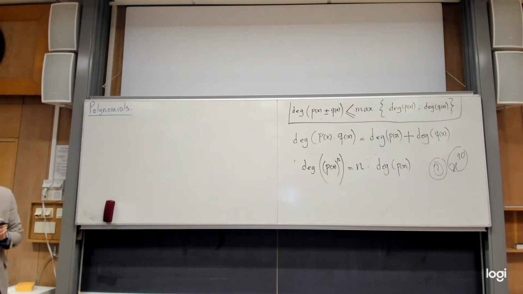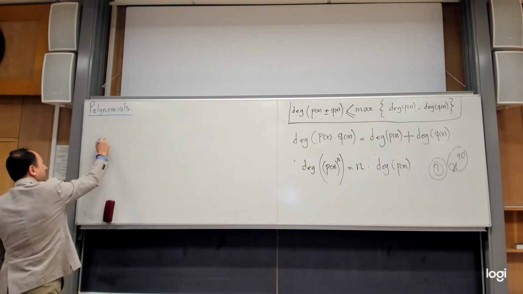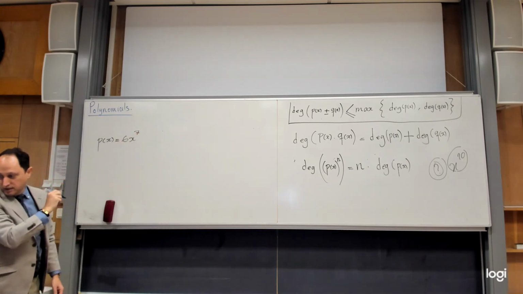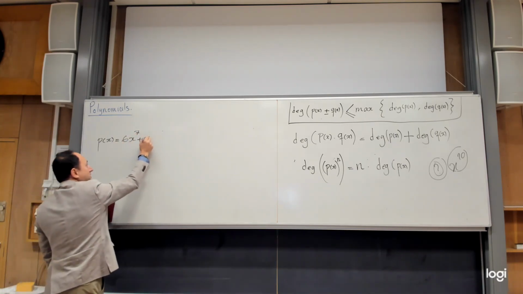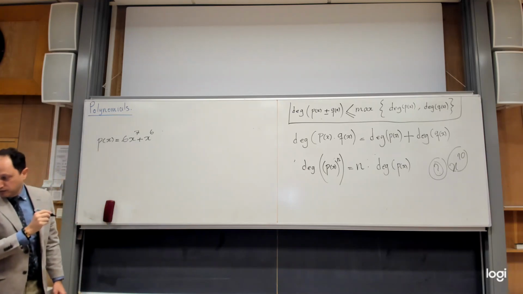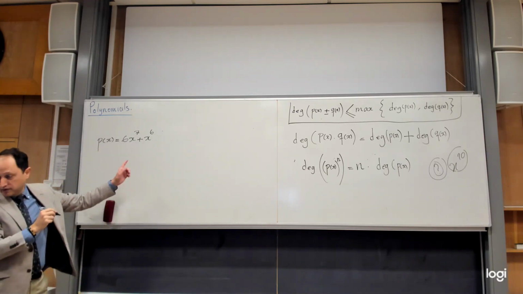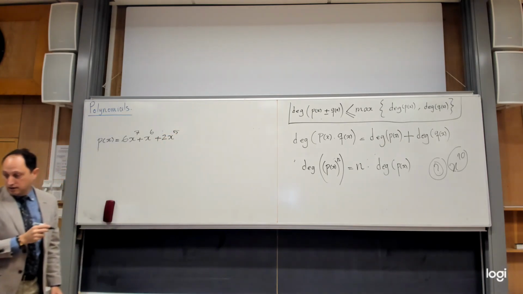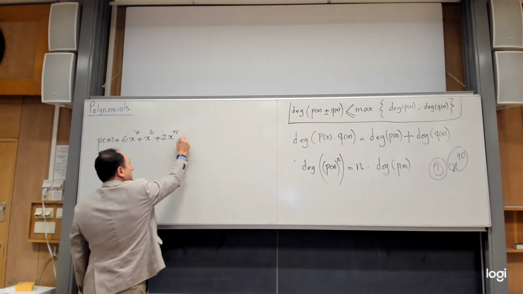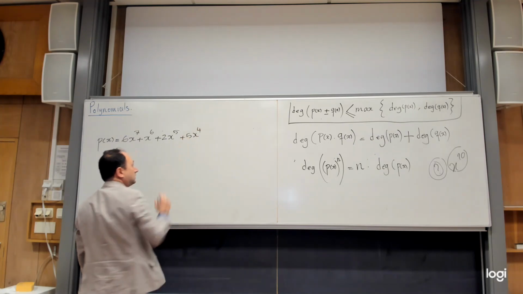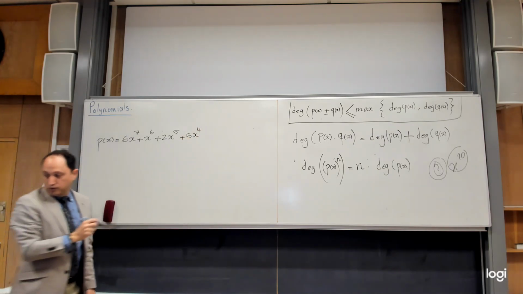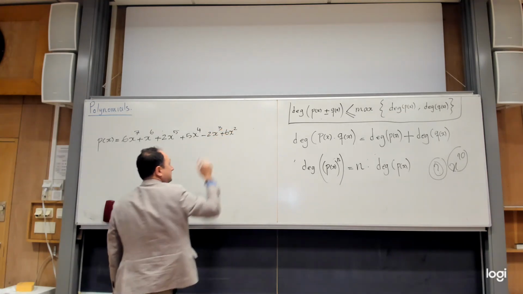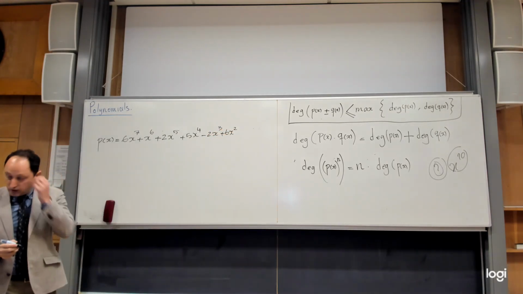So let me write this. P of x is 6x to the 7, plus x to the power of 6, 2x to the 5, and then 5x to the 4, and minus 2x to the 3, plus 6x squared, plus x plus 1.